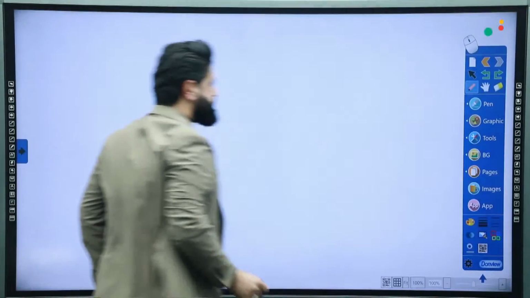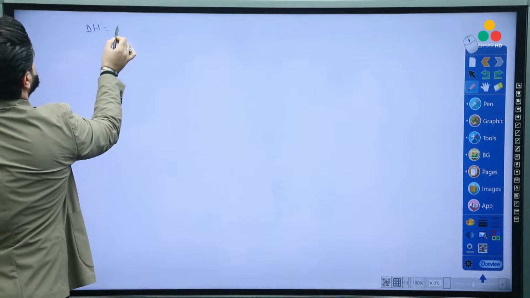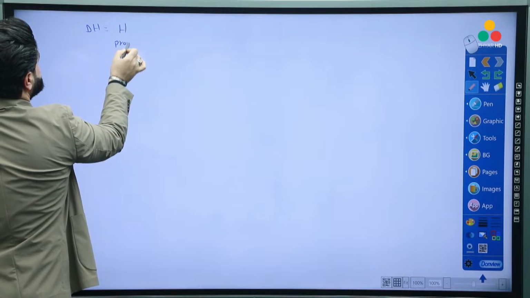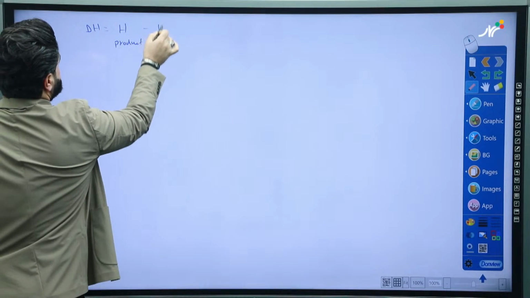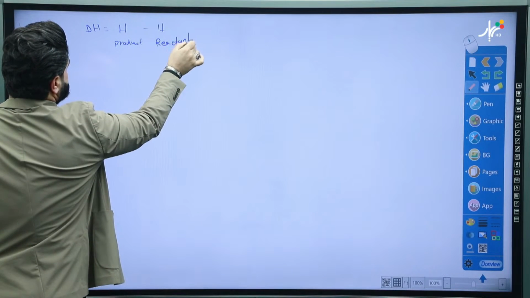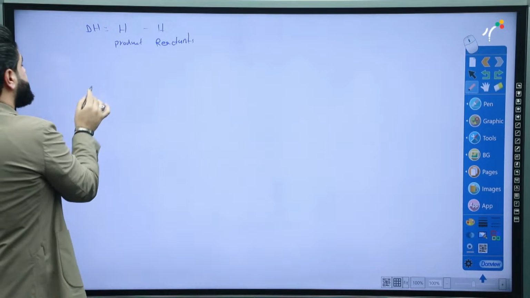Let's see. As we know, delta H equals enthalpy of products minus enthalpy of reactants. So it's true, same for delta HF also.